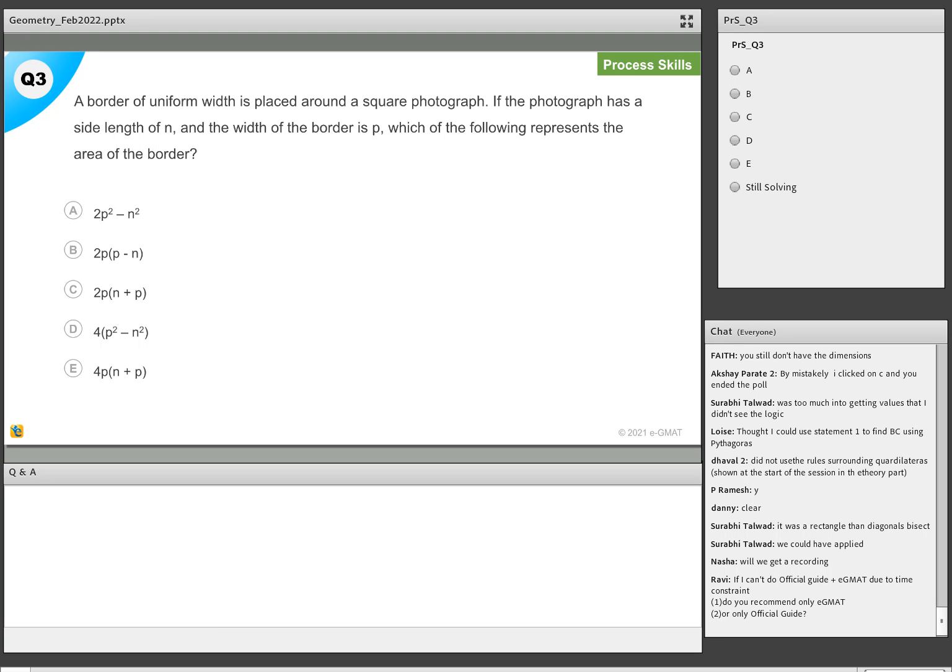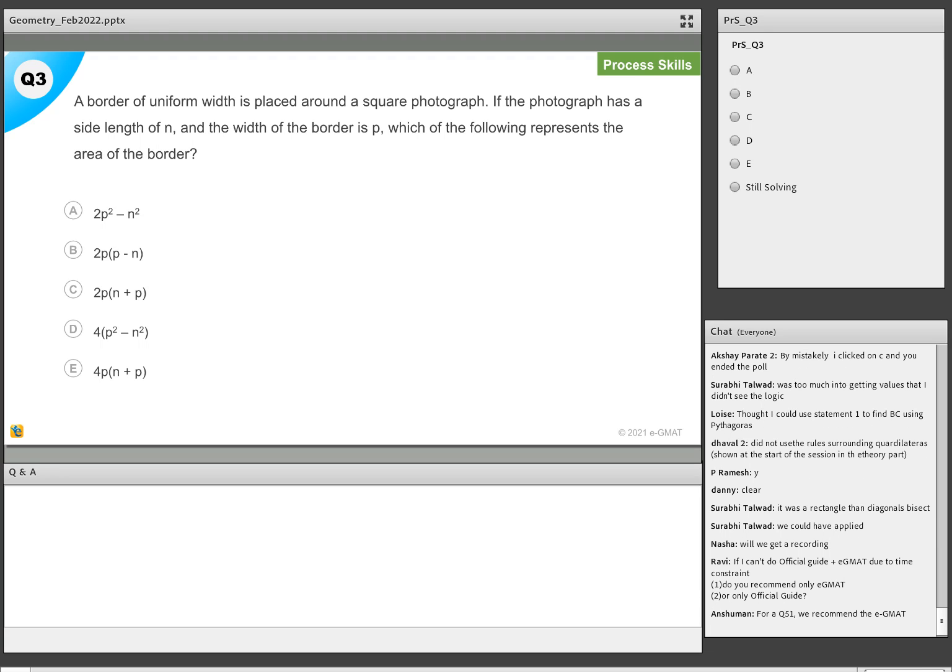Alright, folks, last 5 seconds and then let's discuss this. Take your best shot. 3, 2, 1, and take your best shot, those who are still remaining. Okay, I'm gonna pause now.